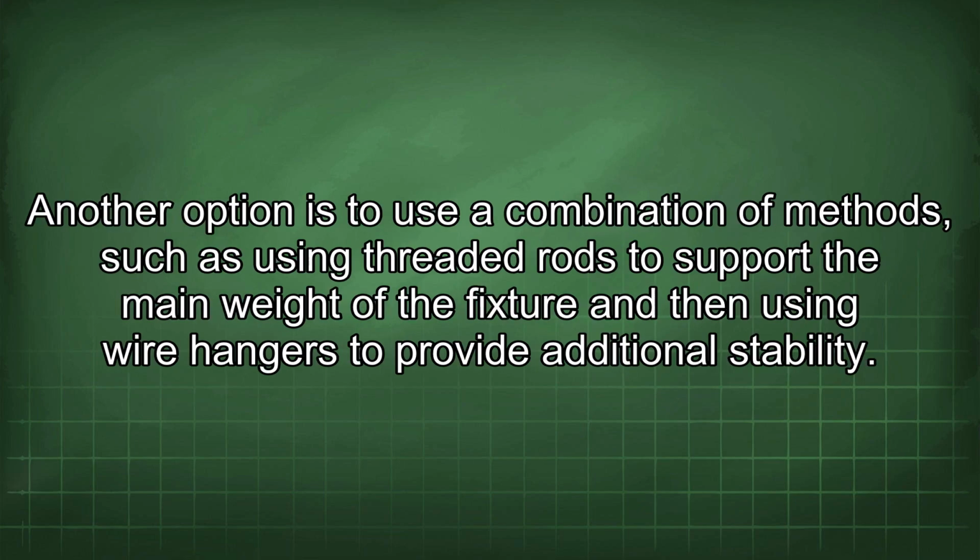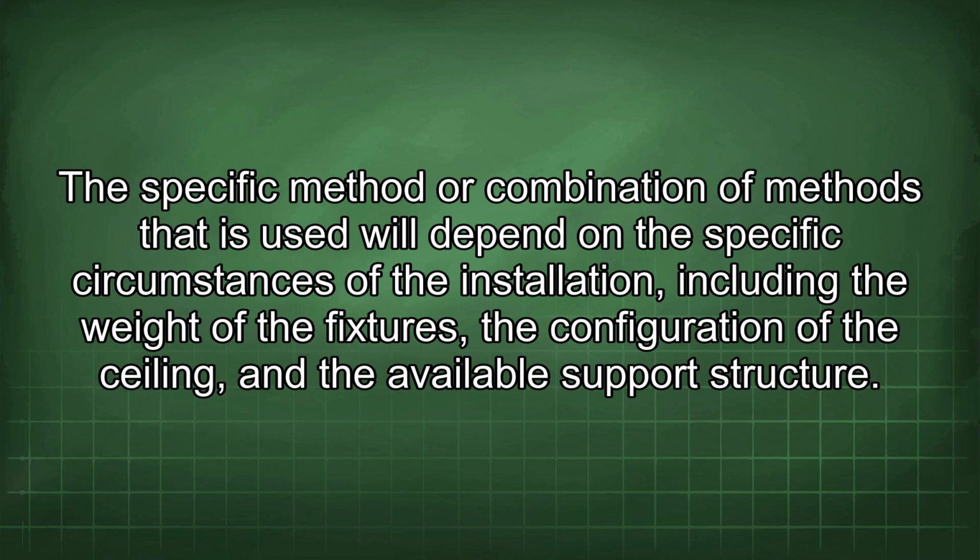Another option is to use a combination of methods, such as using threaded rods to support the main weight of the fixture and then using wire hangers to provide additional stability. The specific method or combination of methods that is used will depend on the specific circumstances of the installation, including the weight of the fixtures, the configuration of the ceiling, and the available support structure.